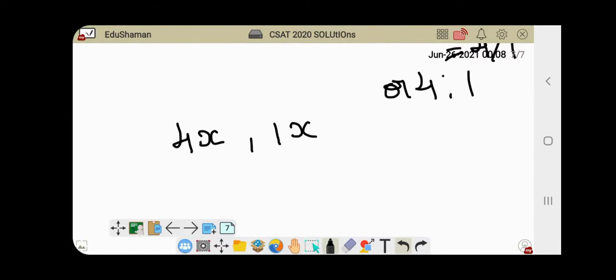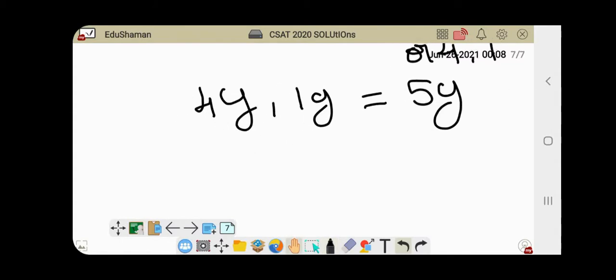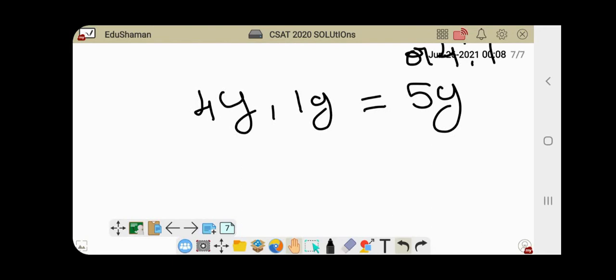Okay, so just instead of x we can take y, because we already have x in the question. So I'll delete it, just write it as y, 4y and 1y. So the total strength would then be 5y. And what are their scores in Hindi? They're asking the average. What is x? X is the overall average marks in Hindi, right?